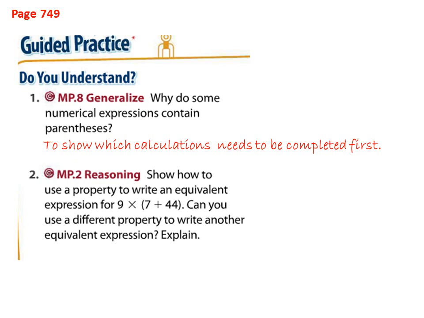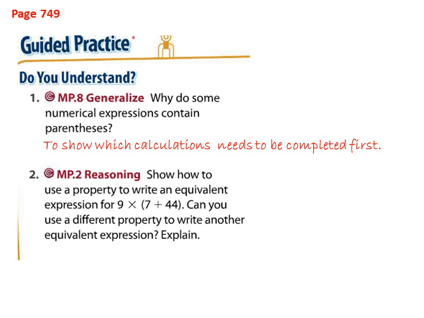Question 2. Show how to use a property to write an equivalent expression for 9 times 7 plus 44. Can you use a different property to write another equivalent expression? Explain. Think.